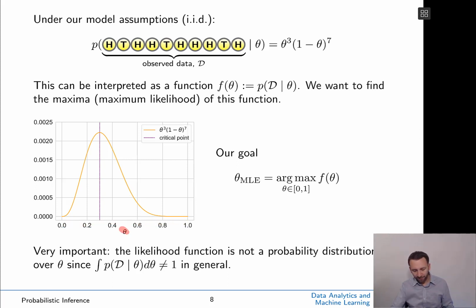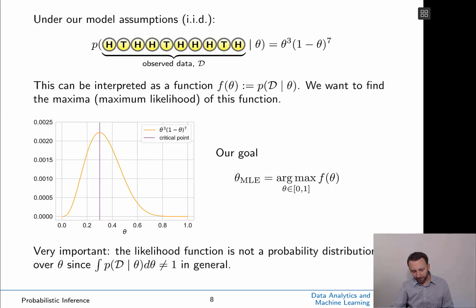The parameter theta is of course between 0 and 1, like the probability of the coin showing tail. It can't be negative, and it can't be larger than 1. This is the parameter of the Bernoulli distribution, and we can plot the likelihood with respect to theta, varying theta.